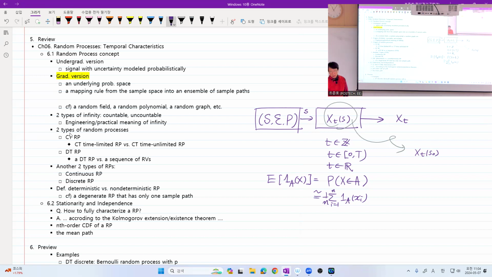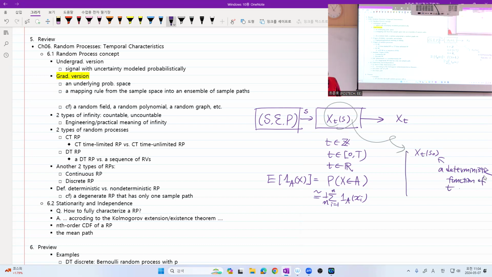That is a signal, a deterministic signal. From what? From the ensemble. So the ensemble is the set of all possible sample paths. So this is a deterministic function, a function of t.